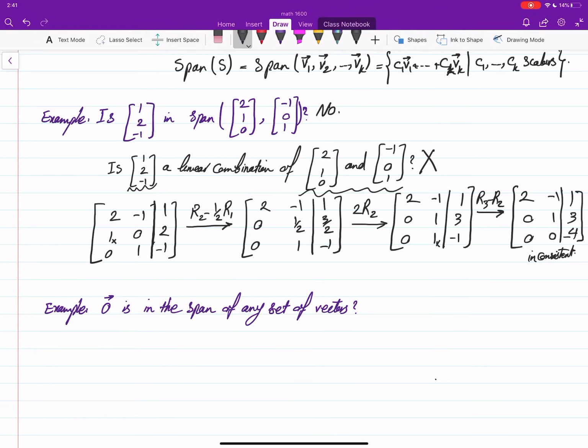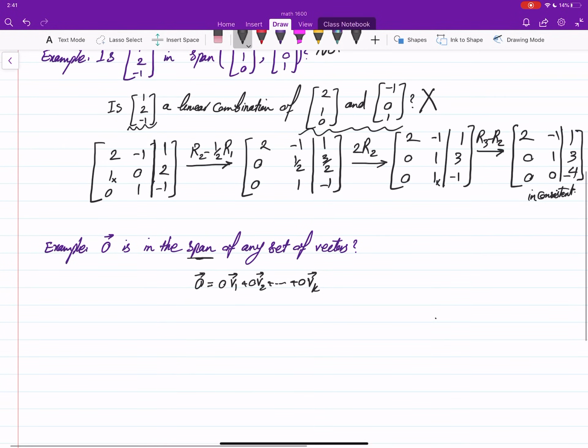Because you can write the 0 vector as a trivial linear combination of any given set of vectors. You just multiply all the vectors by 0, and that means 0 is always in the span of the vectors.